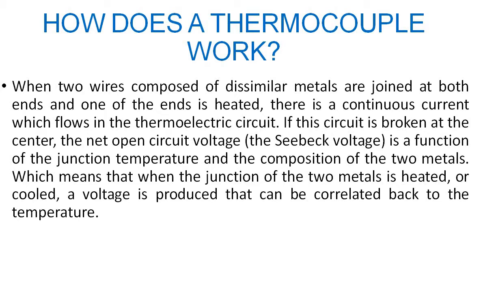If this circuit is broken at the center, the net open circuit voltage, the Seebeck voltage, is a function of the junction temperature and the composition of the two metals. This means that when the junction of the two metals is heated or cooled, a voltage is produced that can be correlated back to the temperature.